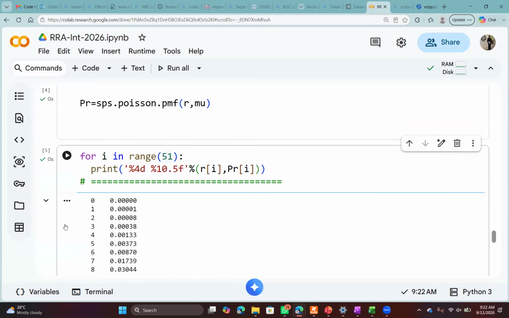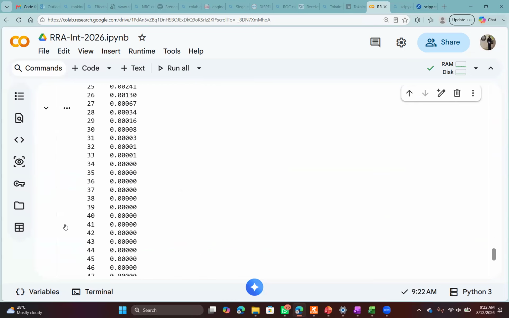And now with these calculations, it seems that the reasonable probabilities are up to well, these numbers, right?